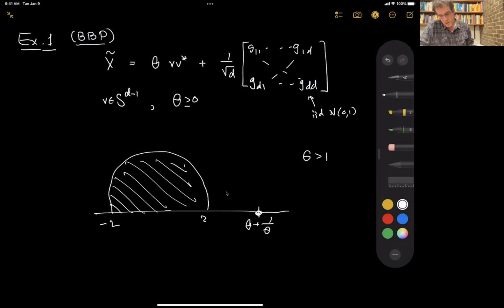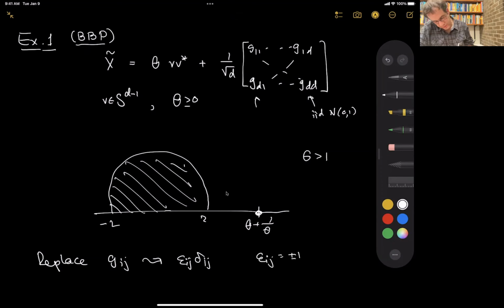Okay. Now let me ask a very stupid question. Suppose that I now replace all of these Gaussian random variables in here by Bernoullis with very small p. So I take a very, very sparse random matrix. Let's replace G_ij, these are Gaussians with mean 0 and variance 1, by epsilon_ij times delta_ij, where epsilon_ij are plus or minus 1 with probability 1/2.